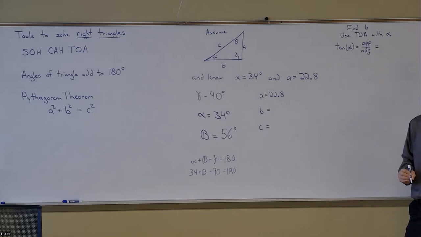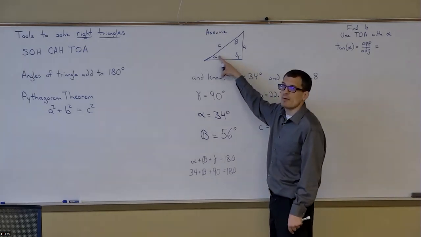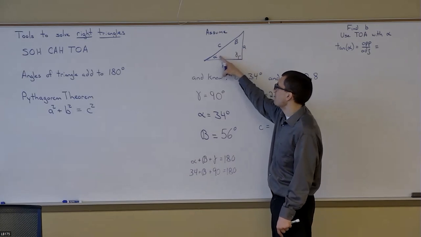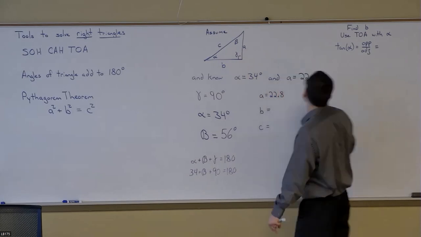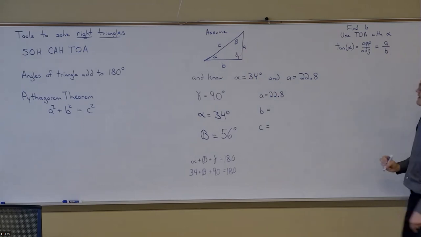Now, I want you to understand what opposite is. For my angle alpha, the opposite is the side length A. And for angle alpha, the adjacent is side length B. That makes sense?